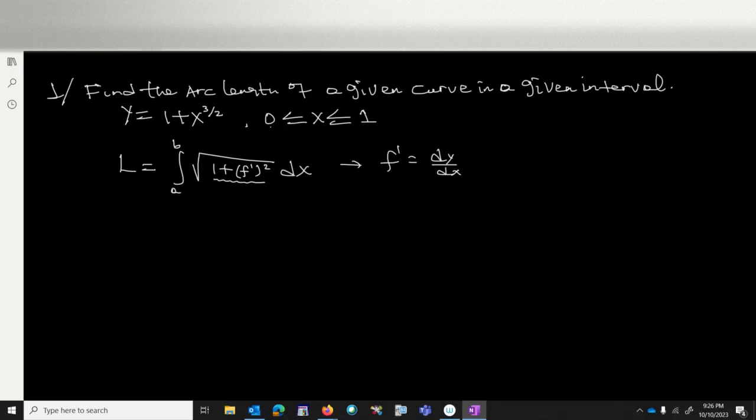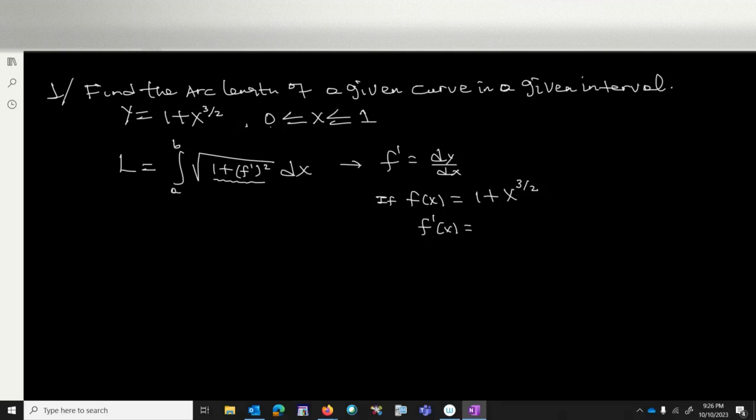So if f of x is equal to the given function, which is 1 plus x to the power of 3 over 2, the derivative is the following.